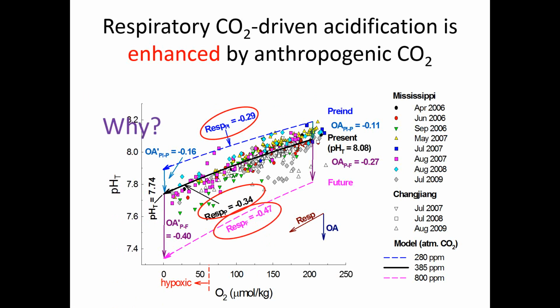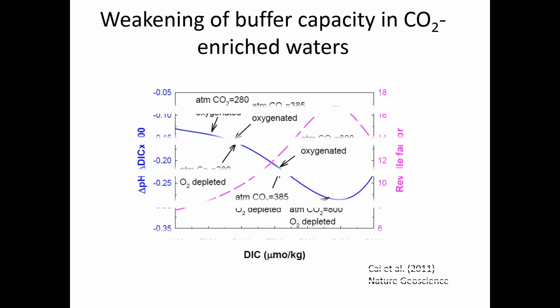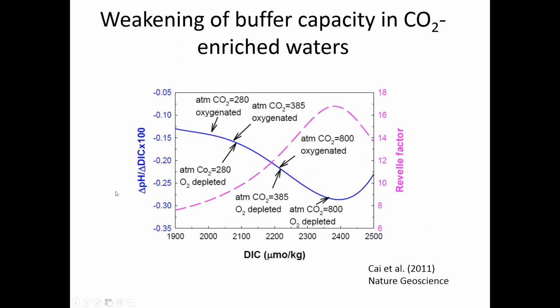So that is what I mean by enhanced acidification. And I try to explain a little bit why that is the case. So I plot here delta pH against delta DIC. So you add this amount of DIC, 100 micromole, for example, and how much pH change will it give you?